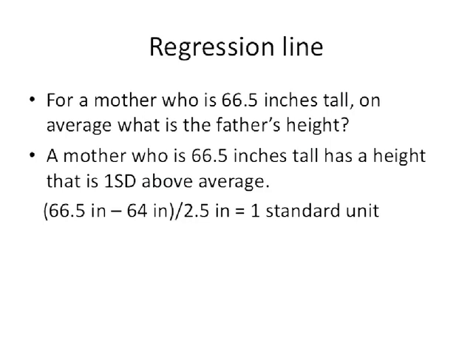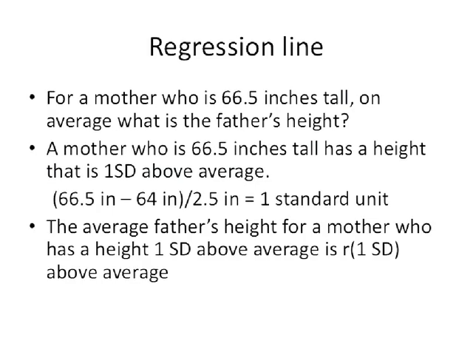So that regression line that we saw, how it's less steep than the SD line, the less steep is the multiplication by the correlation coefficient. And so we say, well, then we expect the father to also be, on average, above average, but how far above average?